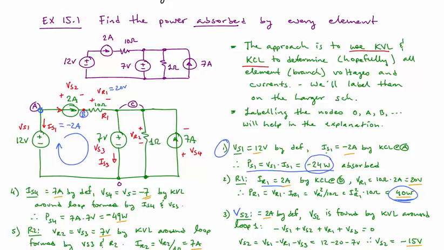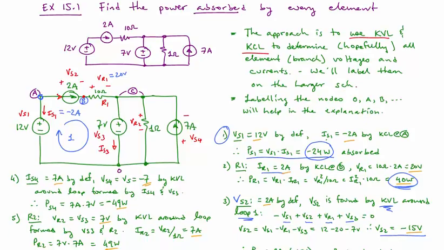Okay, so by KVL, around this loop 1 right here, we're going to have minus VS1 plus VS2 plus VR1 plus VS3. And we substitute values for all of those, and we solve for VS2. We find that VS2 is equal to 15 volts.